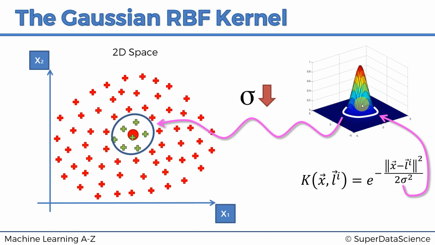If you decrease sigma, the circumference will decrease, and therefore you'll take fewer points. So by finding the right sigma, you can set up the correct kernel function to assign 0 values to all of the points that you don't want in your classification, and values above 0 to the points that you do want in your classification. And that will allow you to separate the two, to classify each one.